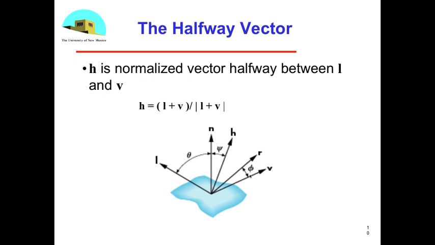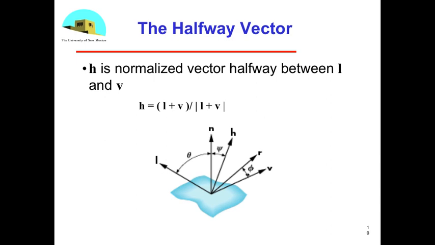Before we were talking about this angle phi here between the reflected vector and the angle towards the viewer and the angle of the perfect reflection. The angle we're actually going to use is the dot product between this halfway vector and the normal vector, so we get this angle psi.